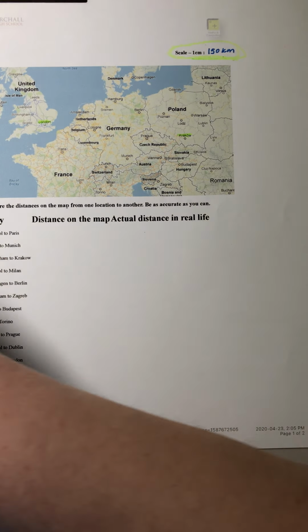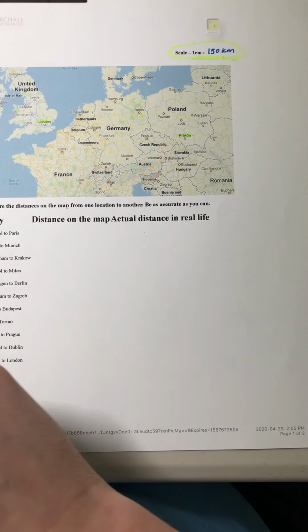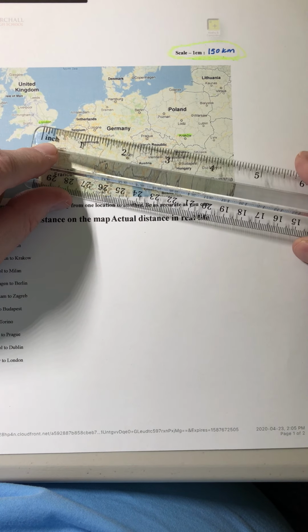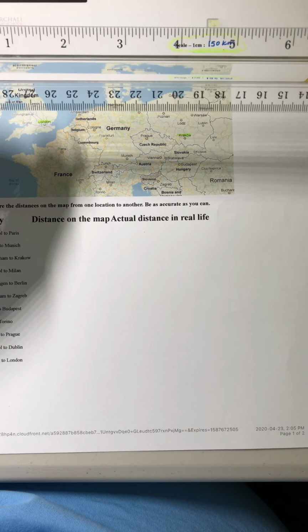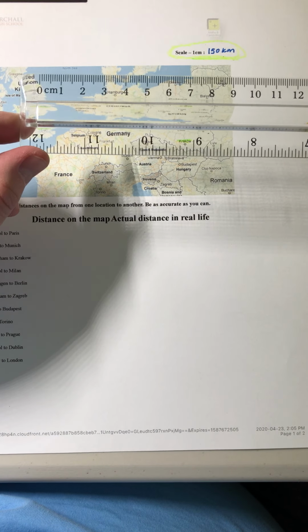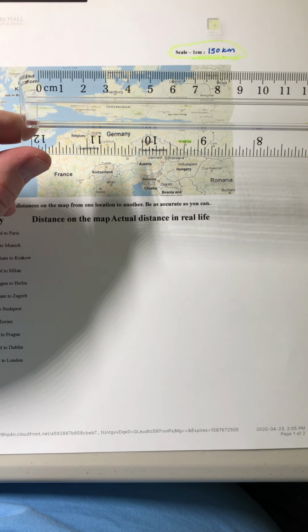Okay, and you see the little dot, kind of a non-shaded in circle, that's showing me where the place is. If you notice on your ruler, you have 2 sets of measurements, okay? The inch, which is an American measurement, and the centimeter, which is a measurement the rest of the world uses, okay?